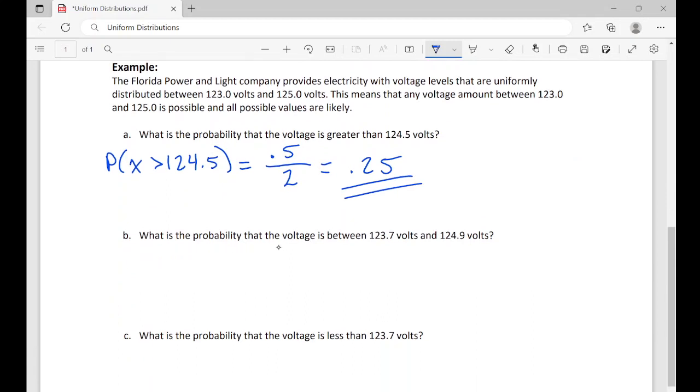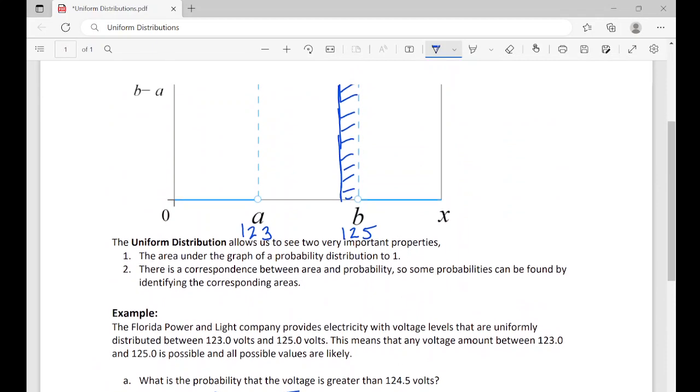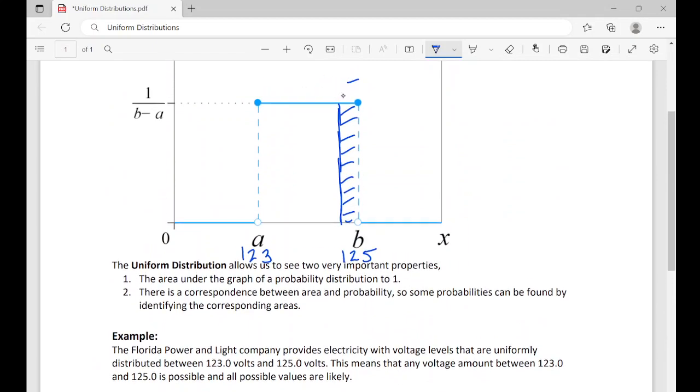Now, what is the probability that the voltage is between 123.7 and 124.9 volts? So, probability being between 123.7 and 124.9. So again, 123.7 to 124.9. In our chart here, 123.7, we'll say is like right here.